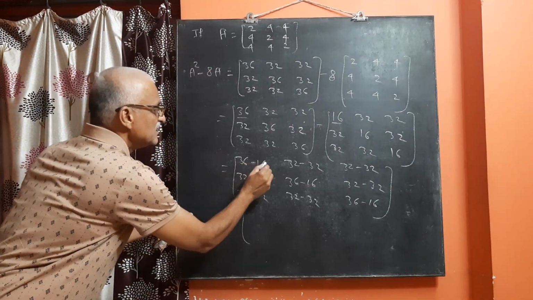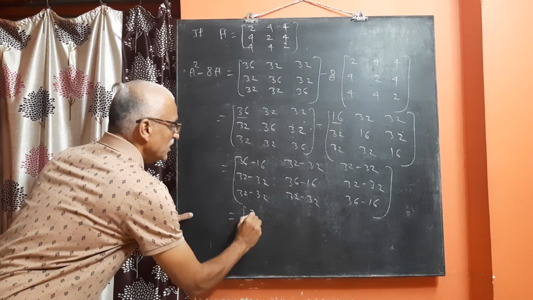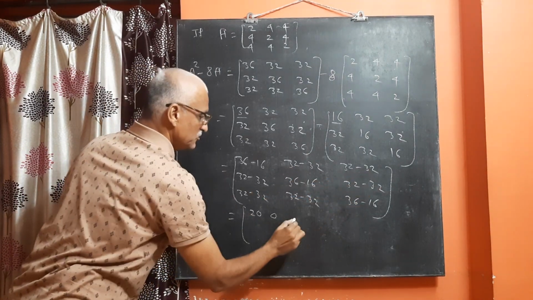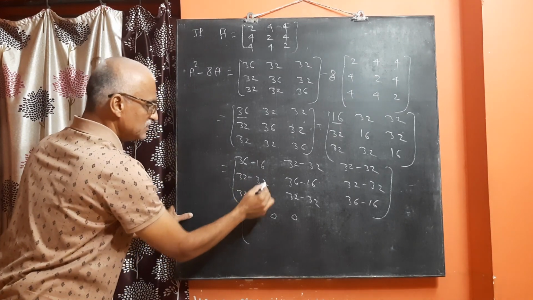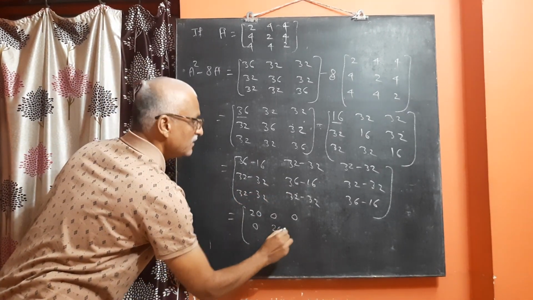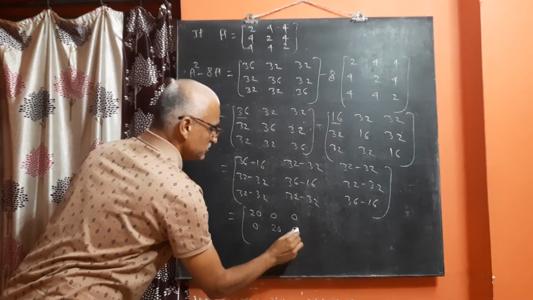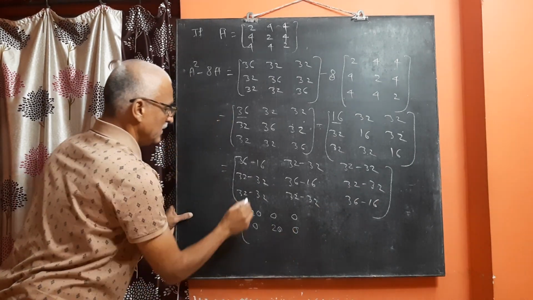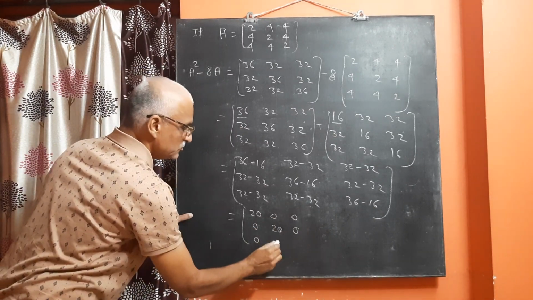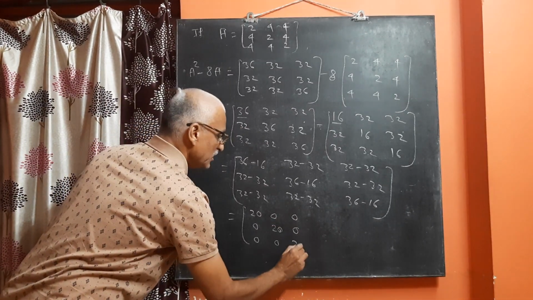So 36 minus 16 is 20, and 32 minus 32 is 0 for each off-diagonal element.